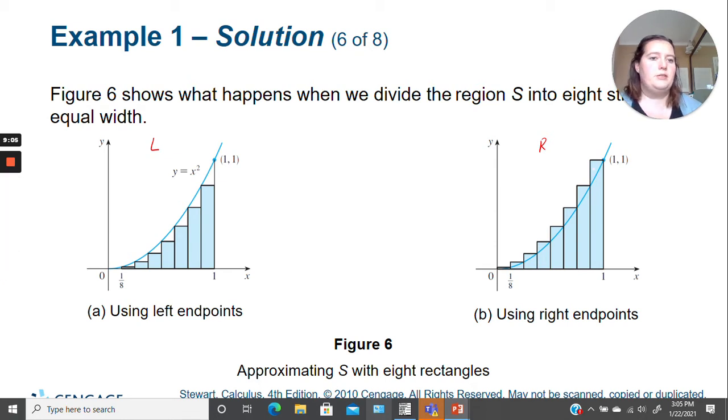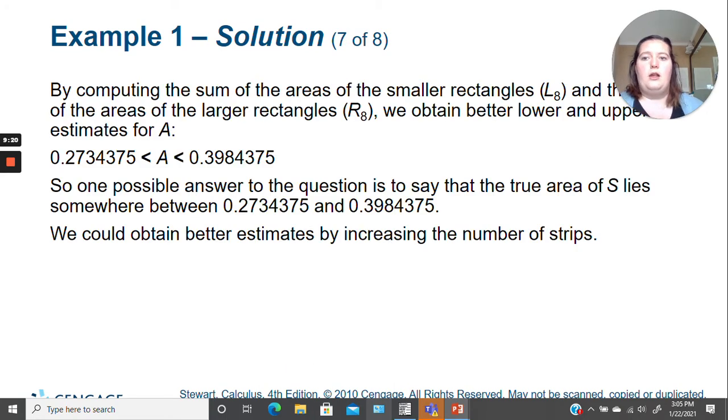The right-hand approximation, you can see it has all this extra blue stuff, so this is going to be an over approximation. On the left, I'm missing some areas, right? I'm missing these areas. So this is going to be an under approximation. You can do those calculations if you want. In fact, I think that would be a very good exercise for you to do. But these are the two values you get, so 0.73 and 0.398.